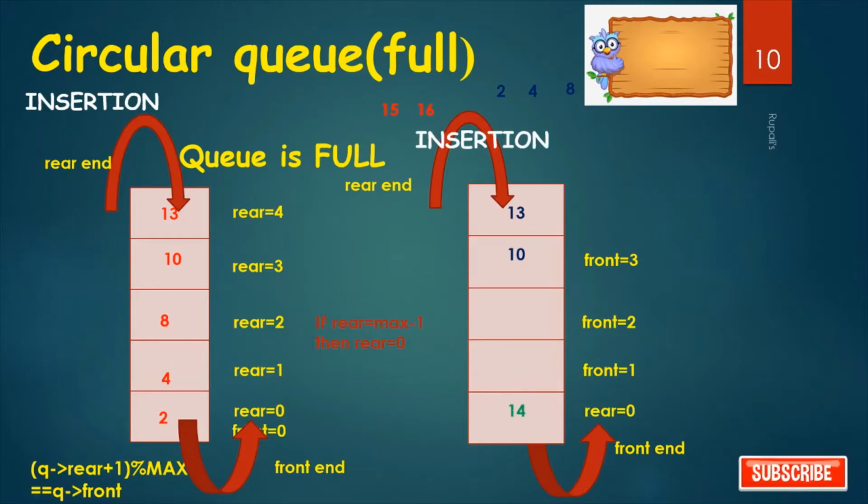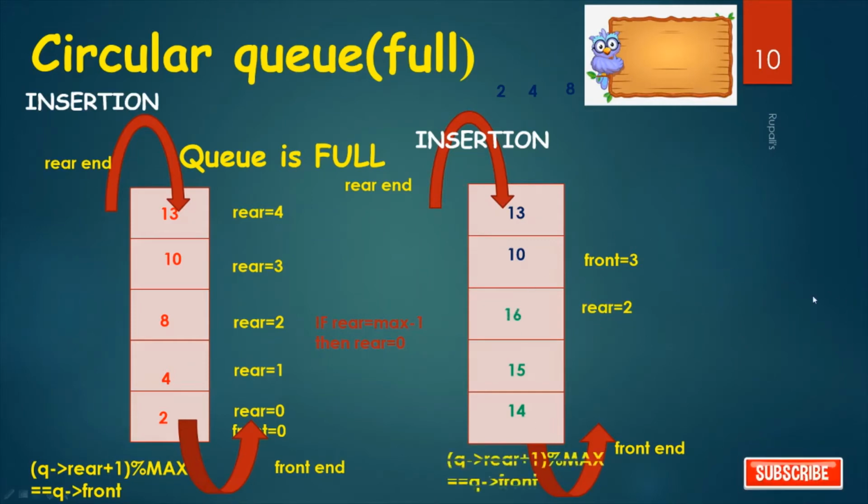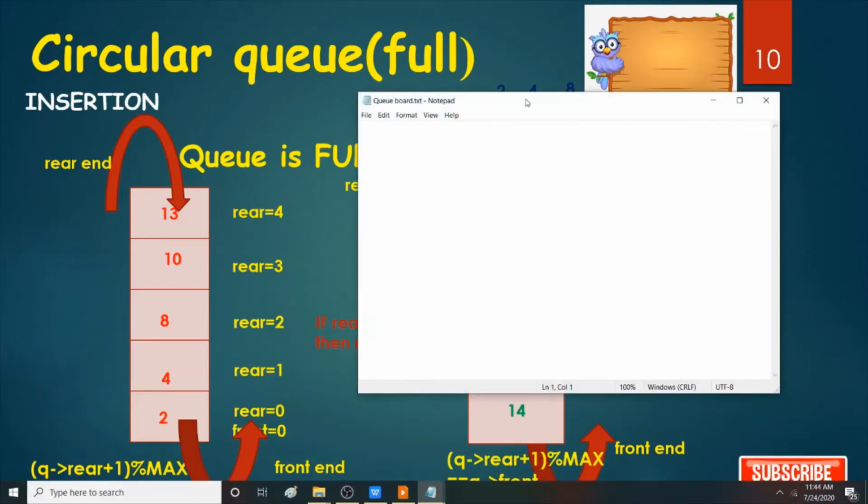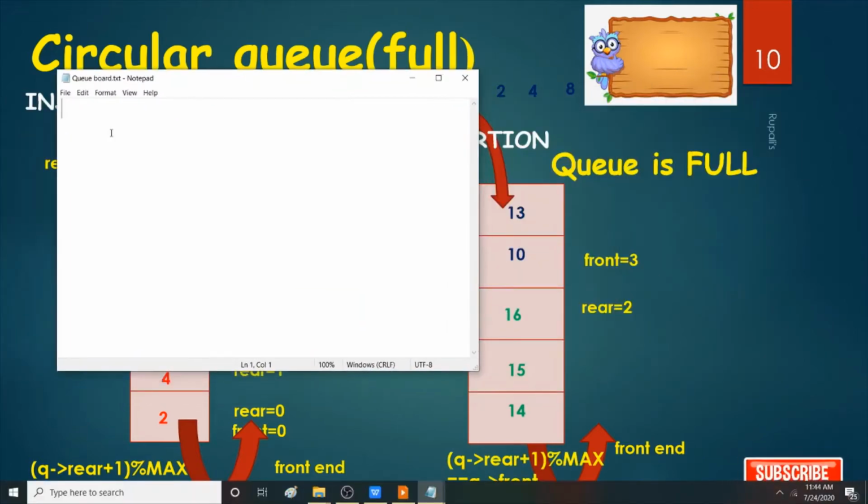Now increase rear, insert next element. Increase rear, insert next element. Now see, the queue is again full. So, what is the condition for full? See, here rear is 2.